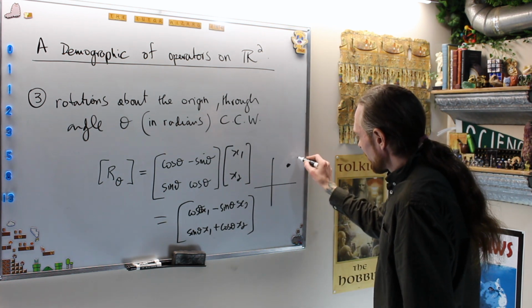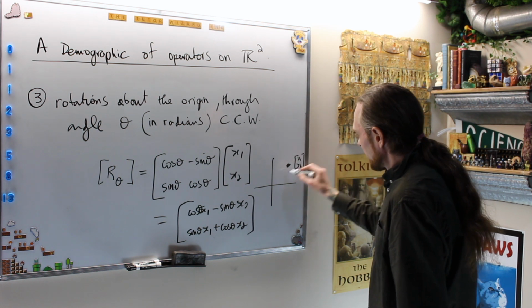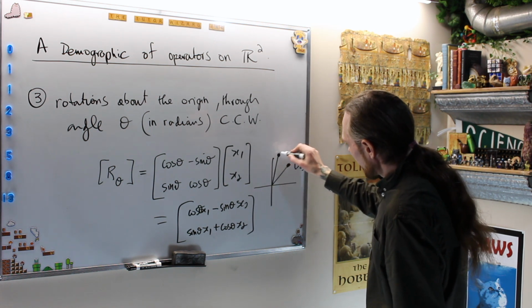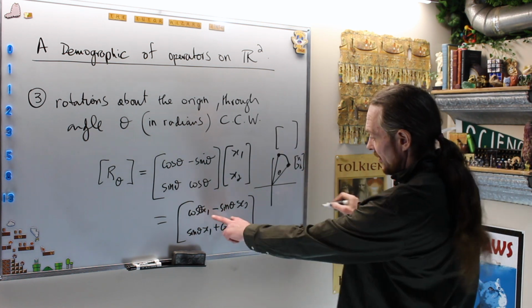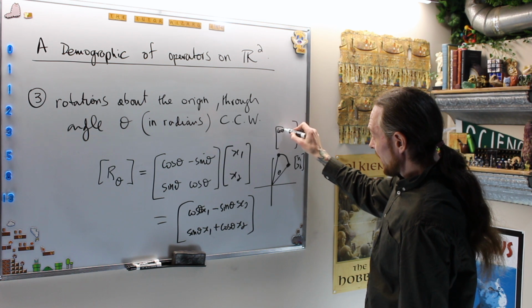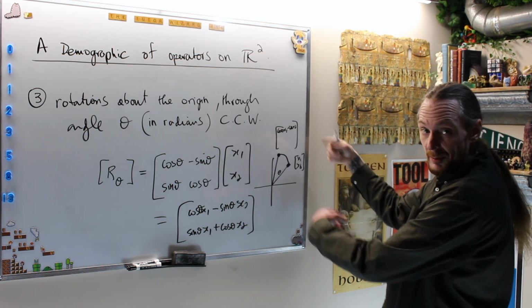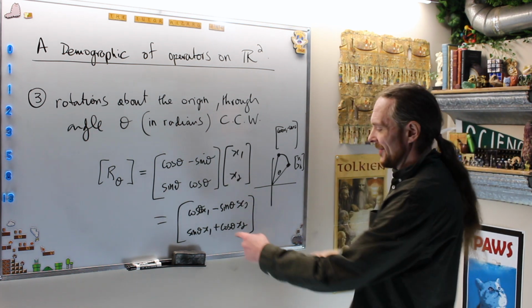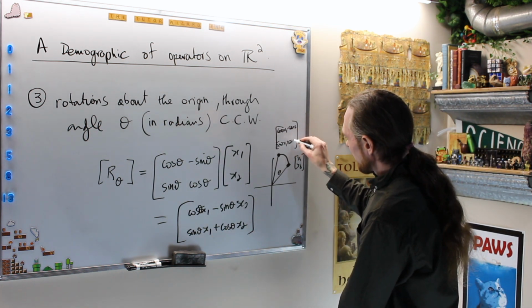If I take an arbitrary point x1, x2, and I rotate it through that angle theta, the image point is going to be this hot mess. When you do the trigonometry of that, you're going to get cos theta x1 minus sine theta x2. That's where it moves using the trigonometry of that. I'll spare you. And then this one is this guy, sine theta x1 plus cos theta x2.